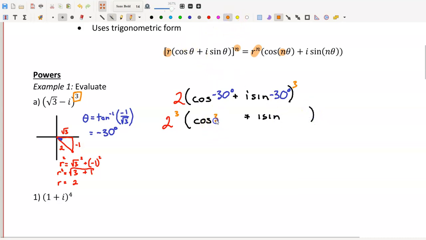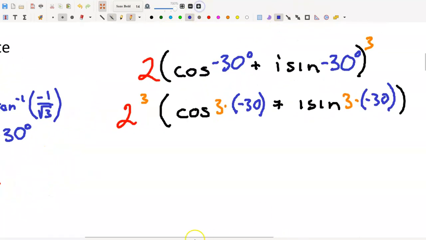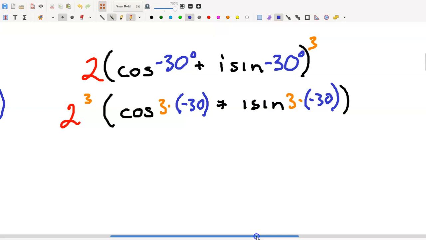And we'll have 3 times that negative 30. Right. So we've used the property, and then from here, just all simplifying.